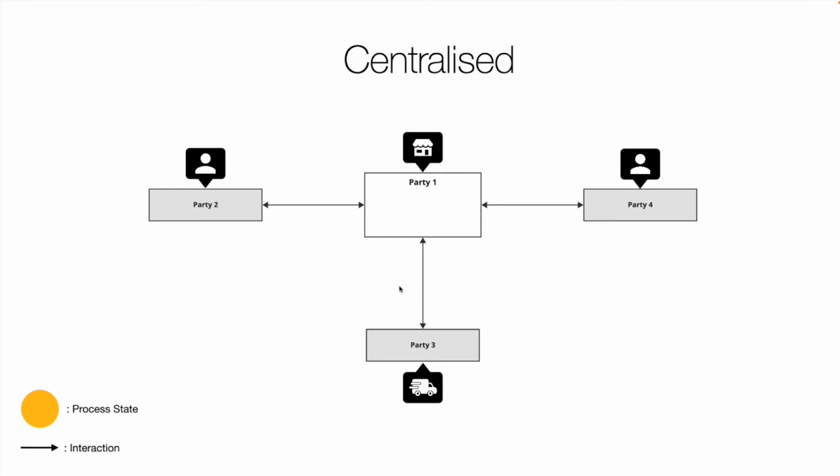First, we can rely on one of these parties, let's say the retailer, and then the retailer executes this process. The downside of this option is that the other parties have to trust this retailer, otherwise it won't happen. And the entire process state is only known to the retailer. They have the option to tamper with the state data.